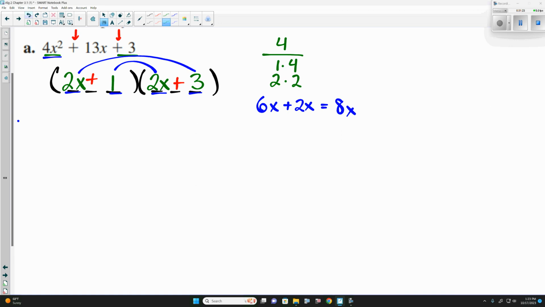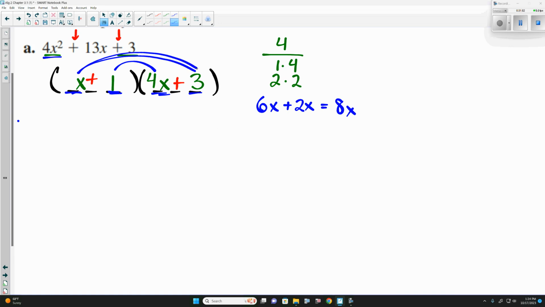So what we can change instead is what? The 2 and 2. So we're going to do 1 and 4. Do we want the 1 in the first set of parentheses or second? Or do we want to put the 4? Doesn't matter. I'll put it over here. Because we need to check this still. Well, x times 4x is still 4x squared. 1 times 3 is still 3.